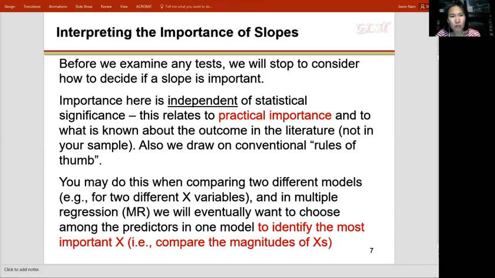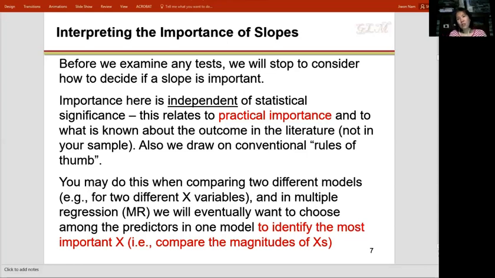Also, the third paragraph: you may do this when comparing two different models or two different x variables. In multiple regression, we will eventually want to choose among the predictors in one model to identify the most important x variable.